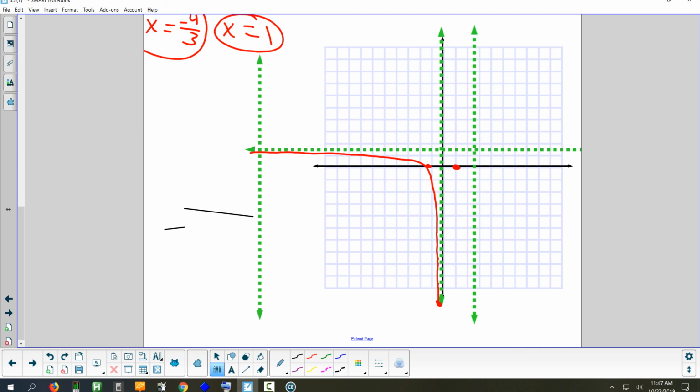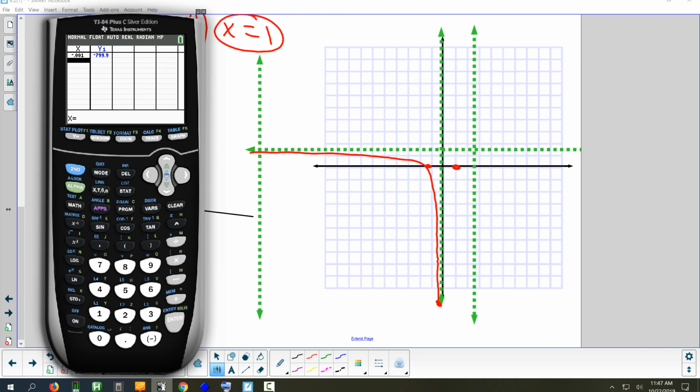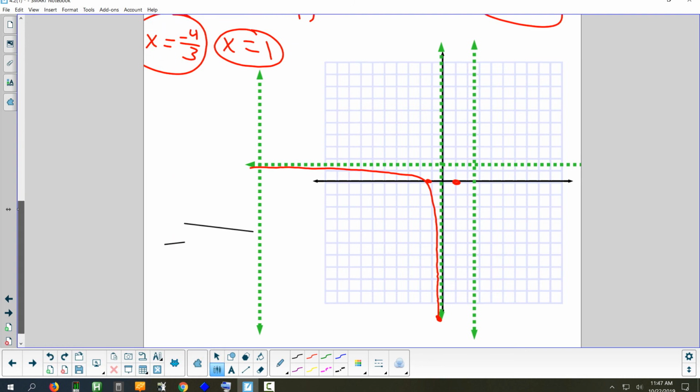So that's that part. Now, let's check a value a little bigger than 0. What would be a value that's a little bigger? 0.1. 0.001. 0.1 is okay, but go even closer. 0.01. So, just to the right of 0, 0.01, comma 80 is a point on this graph.